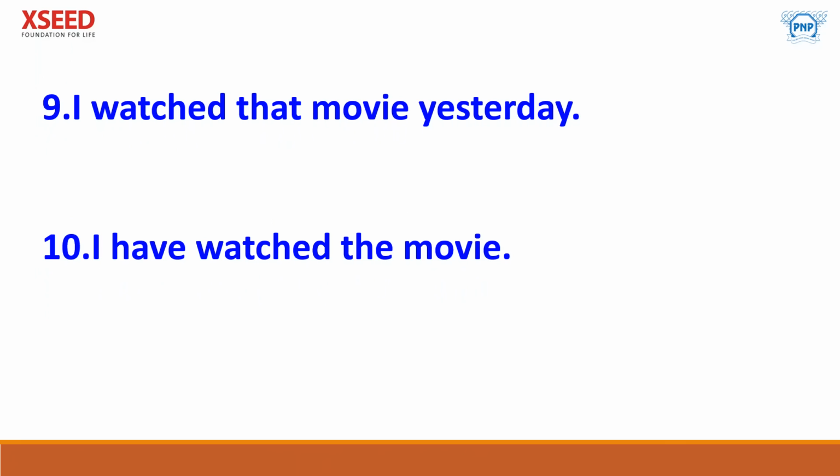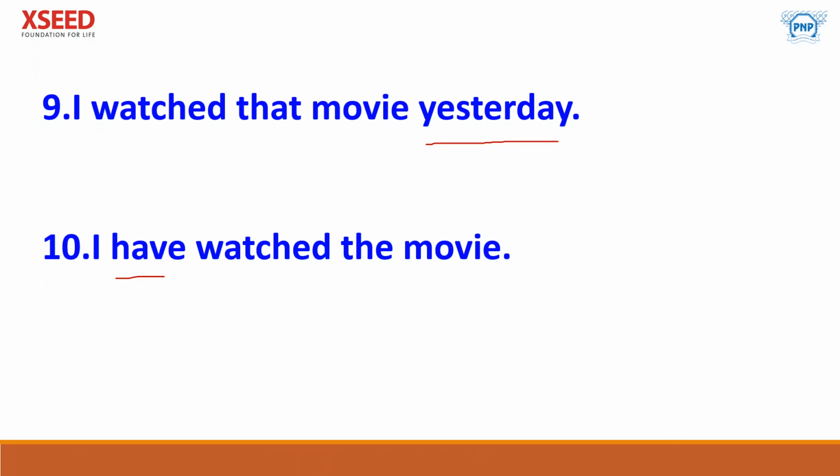Just see. The first sentence is written in the simple past and describes when exactly the action took place by giving a time expression, yesterday. The second sentence is written in present perfect tense. It doesn't give an exact time when the action happened.